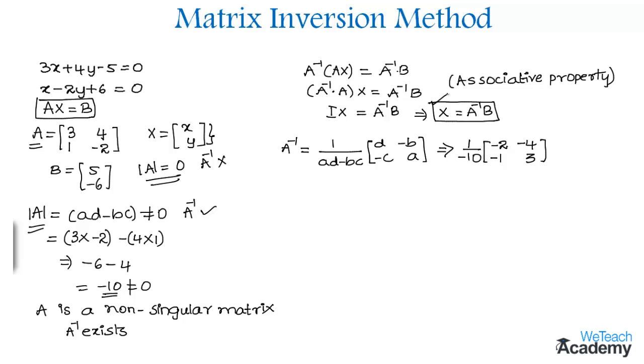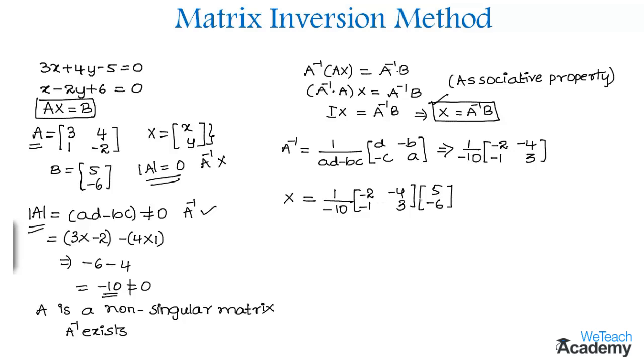Now by using this equation, we get X equal to the value of A inverse, which is 1 by minus 10 into the matrix minus 2, minus 4, minus 1 and 3, into the matrix B, which is 5 and minus 6. Now let us multiply both the matrices.